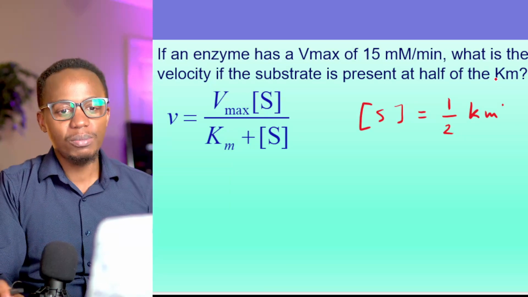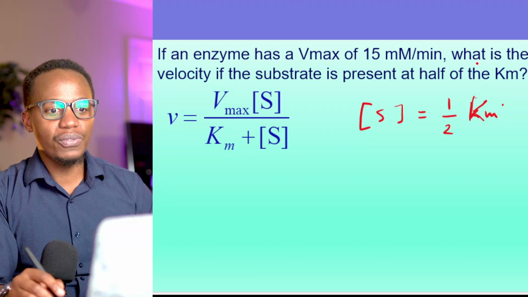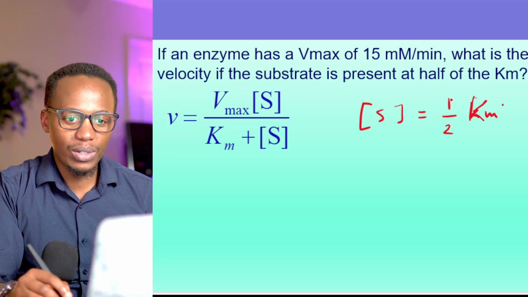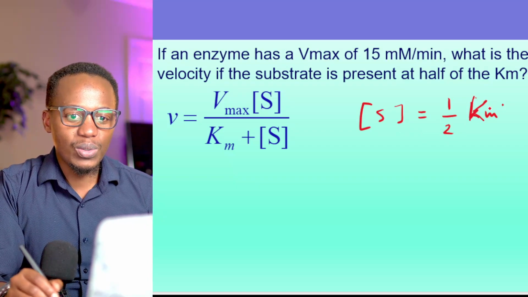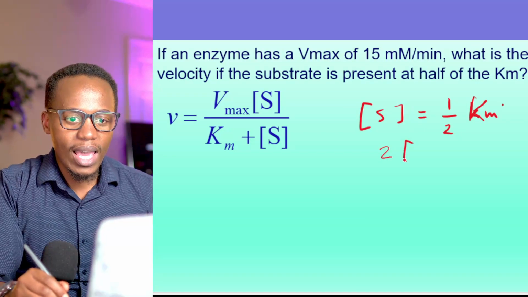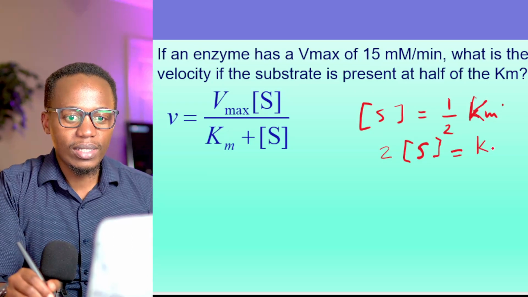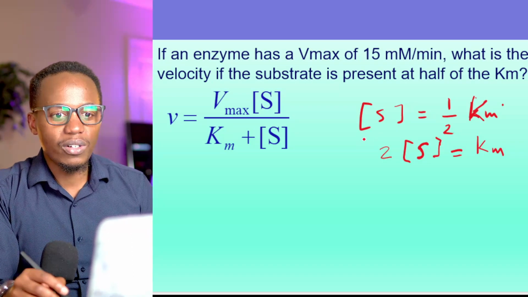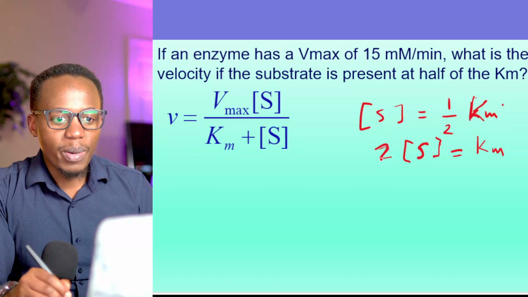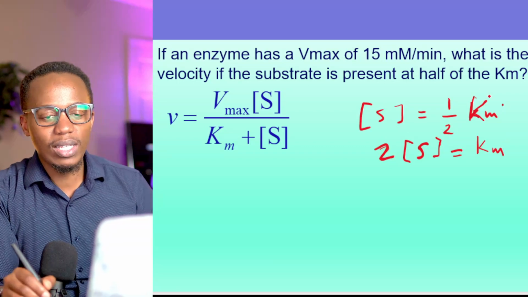This is a little bit of algebra. So all we gotta do is just express one in terms of the other so that they can cancel out. What do we mean by that? I'm just going to do Km because it's easier, but here 2S is equal to Km, right? So just cross multiplication. So I'm just going to do the equation, but I'm just going to replace Km by 2S because that's what the question says.